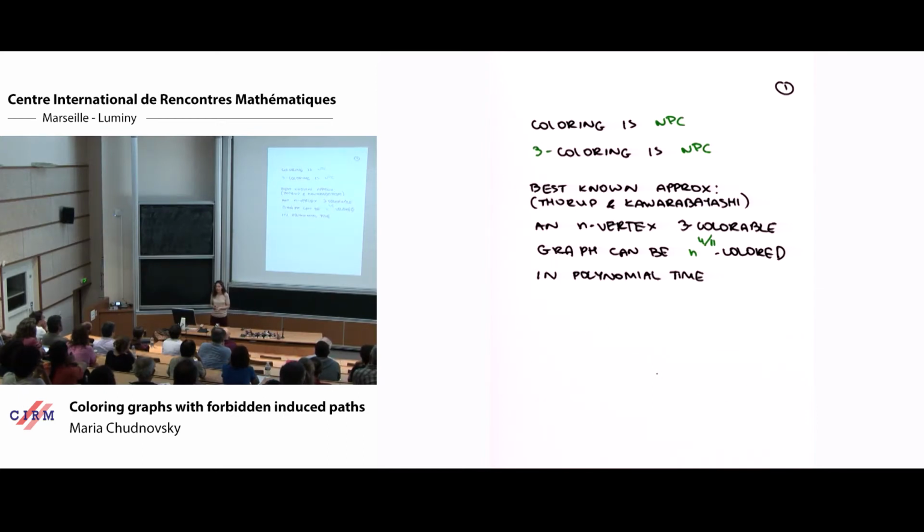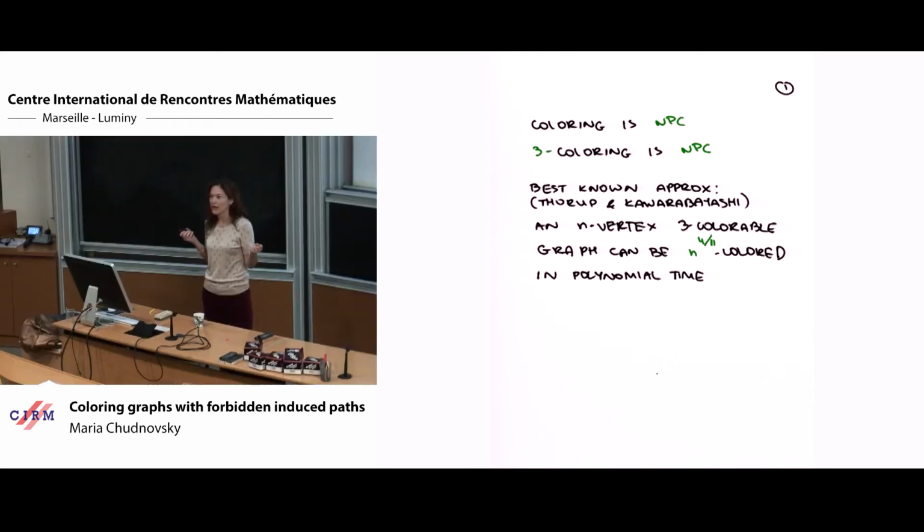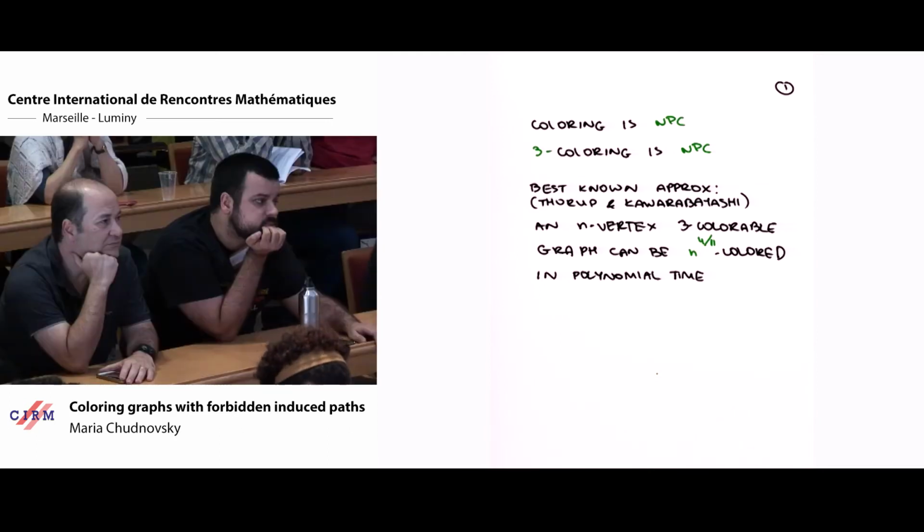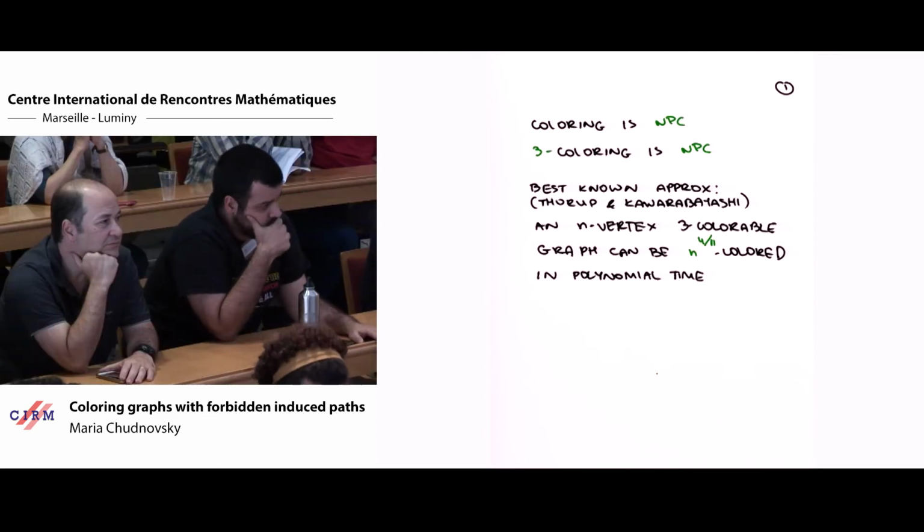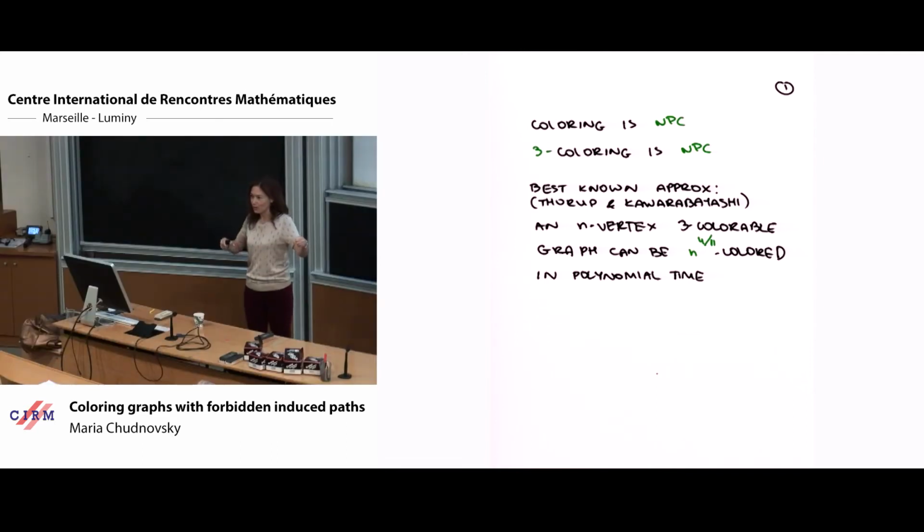If I give you a graph and I tell you it's 3-colorable, and I ask you to find the best coloring you can, the best known result at the moment is n to the 4/11. So it depends on the number of vertices of the graph. And it's NP-complete to approximate up to a constant. It's NP-complete to answer the question, is this graph not 3-colorable or yes, 1,000,000 colorable? That's NP-complete. So that's how hard it is.